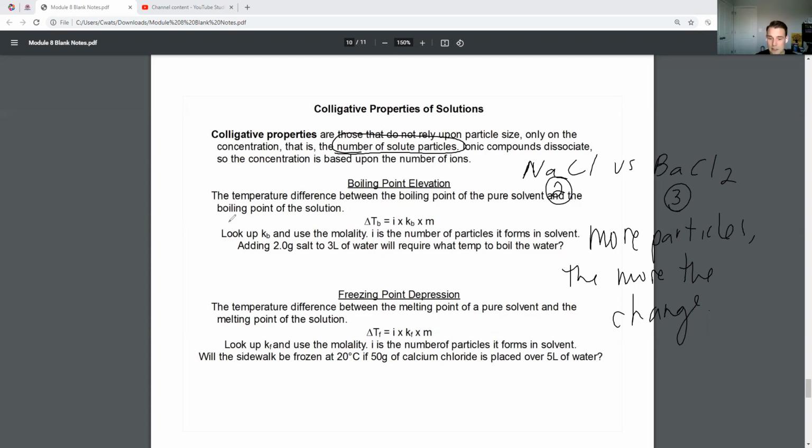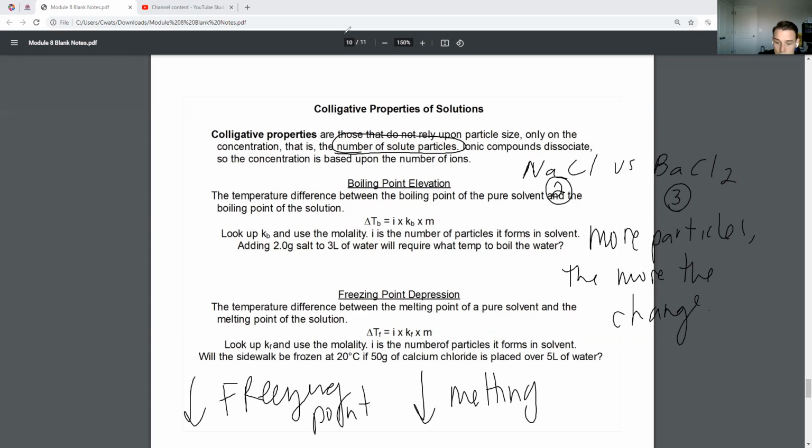Freezing point depression is the same thing. I can add an ionic compound in order to lower the freezing point. And if I lower the freezing point, I'm also going to lower the melting point, which means that it can melt at colder temperatures.